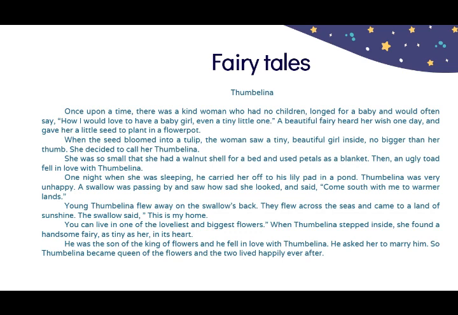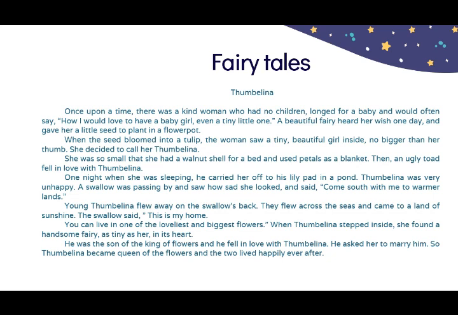Once upon a time, there was a kind woman who had no children, longed for a baby, and would often say, "How I would love to have a baby girl, even a tiny little one." A beautiful fairy heard her wish one day and gave her a little seed to plant in a flower pot. When the seed bloomed into a tulip, the woman saw a tiny, beautiful girl inside, no bigger than her thumb. She decided to call her Thumbelina.